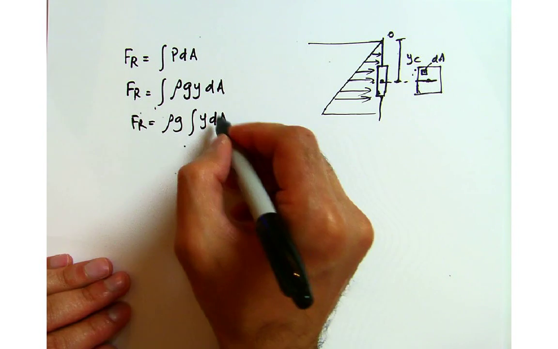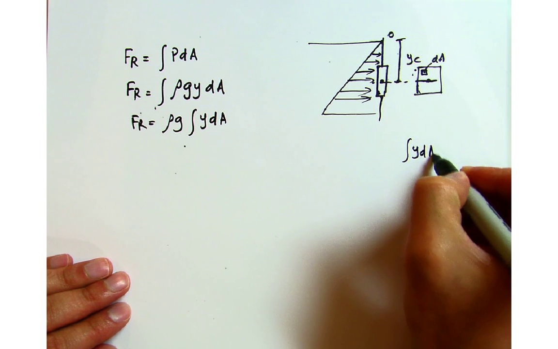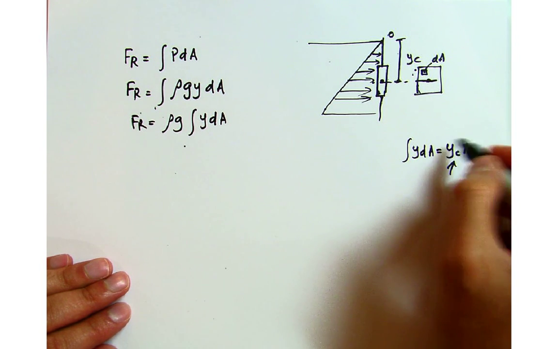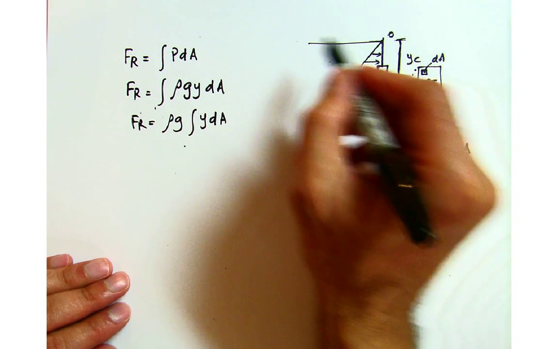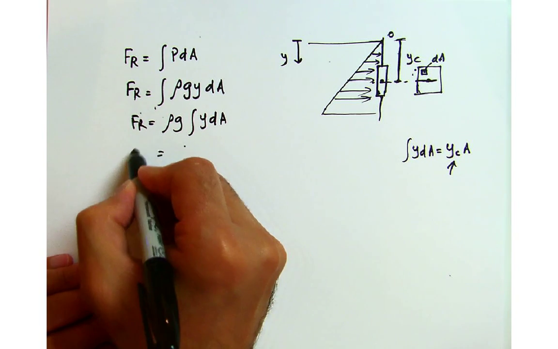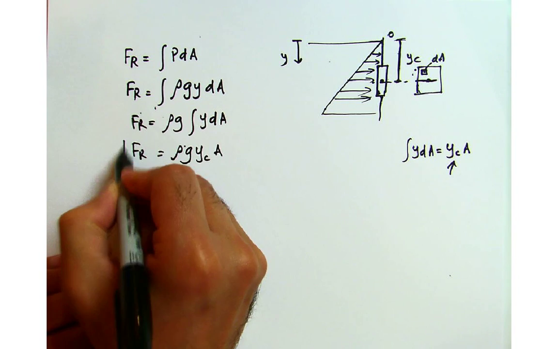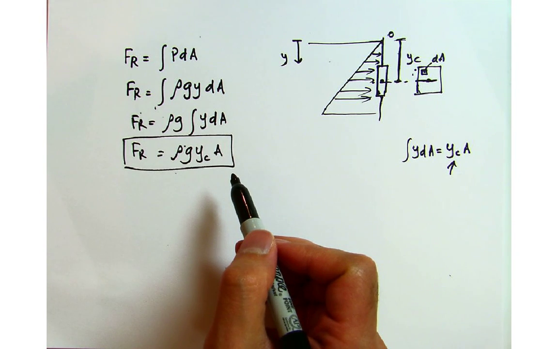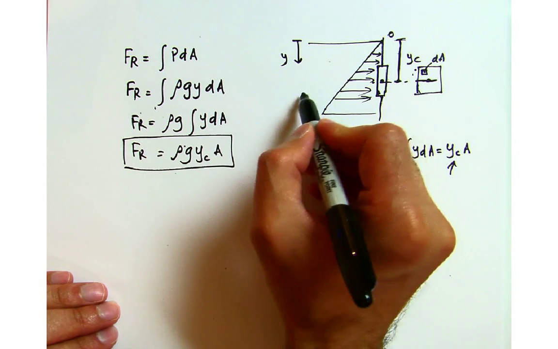As I showed you earlier, this is the first moment of area, which is equal to y_c times the area. This is the distance of the centroid along my y-axis. So I can write the resultant force as rho g y_c A. Our resultant force is exactly the same as we computed earlier, and now let's find where this resultant force is acting.